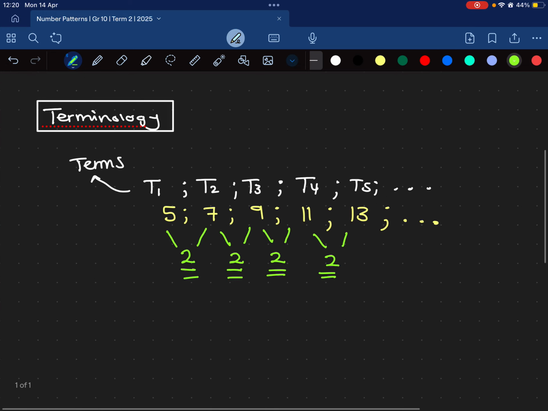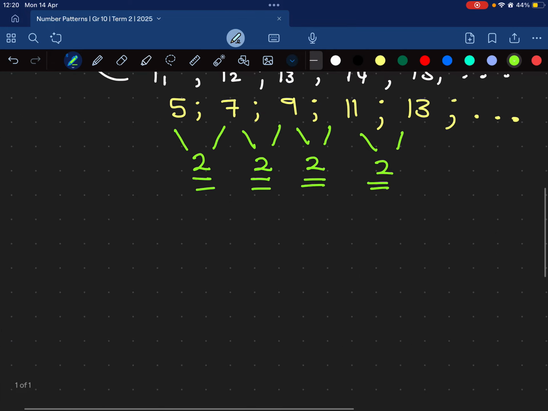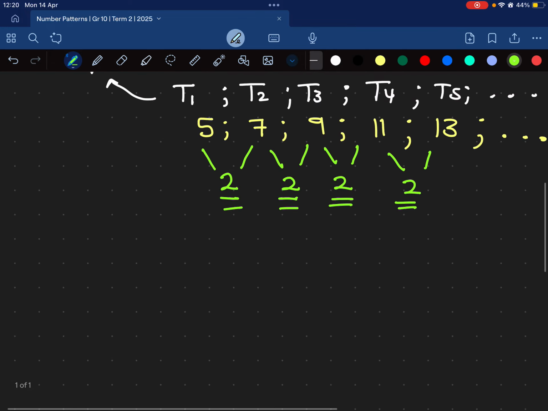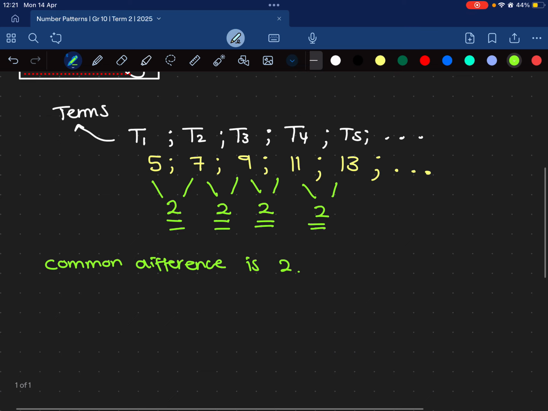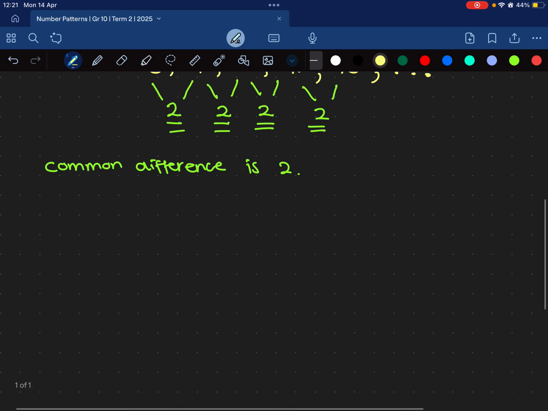So that's literally what we call it, because it's a difference and it is in common. We say that the common difference is 2.